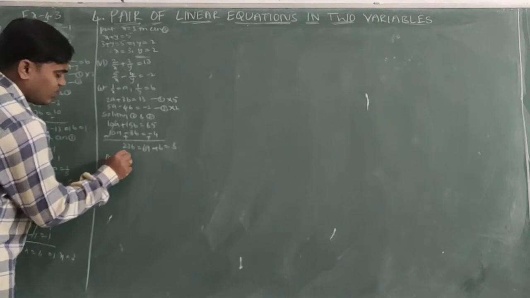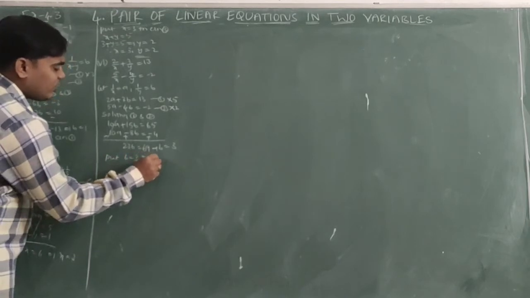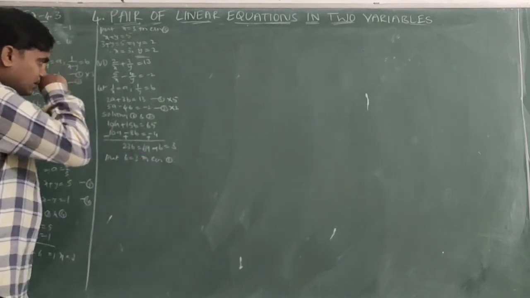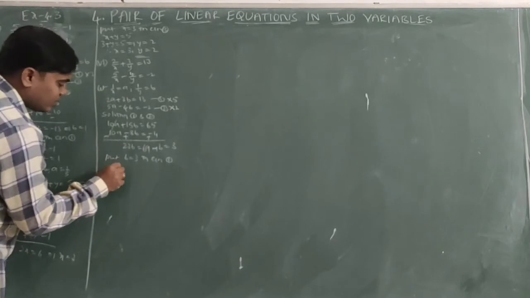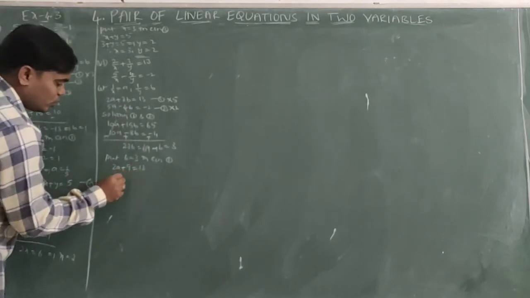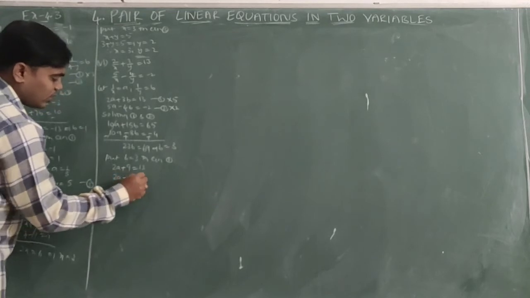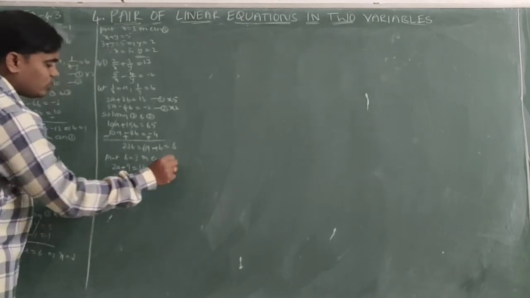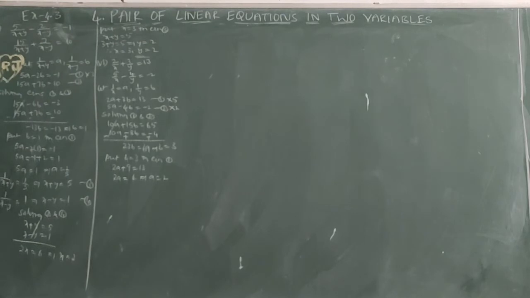Put b = 3 in equation 1. 2a + 3 into 3, 9, equal to 30. So 2a equals 21... a equals 2 as worked in the video. So a value 2, b value 3.